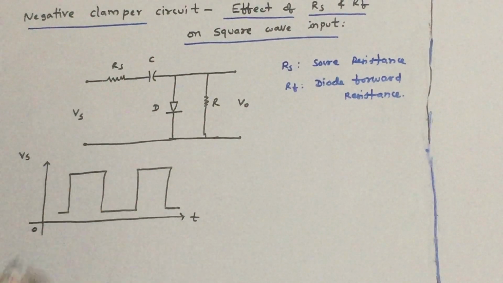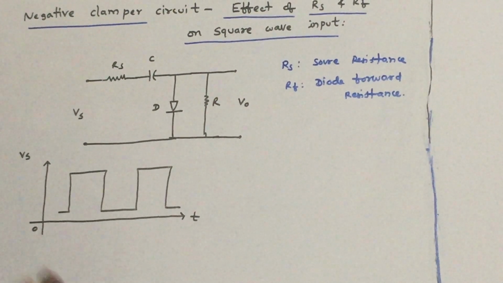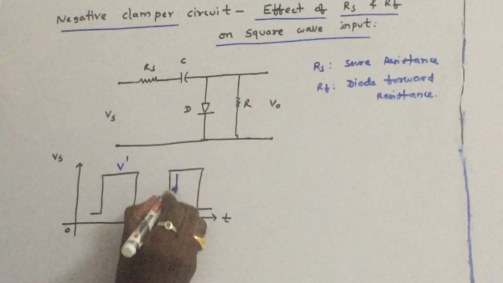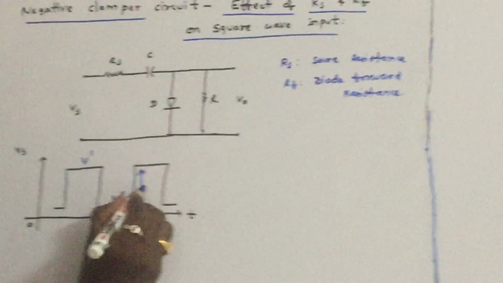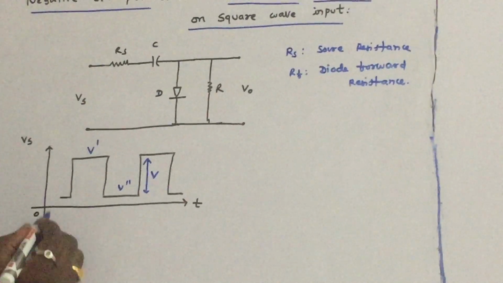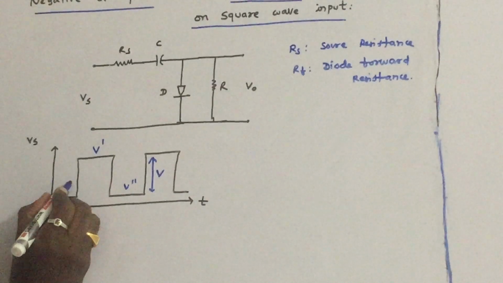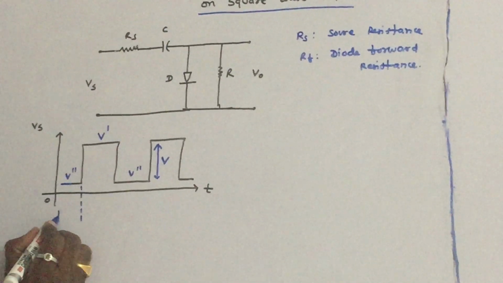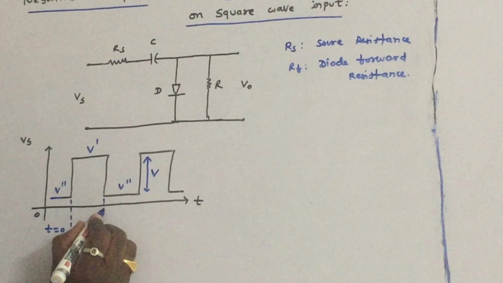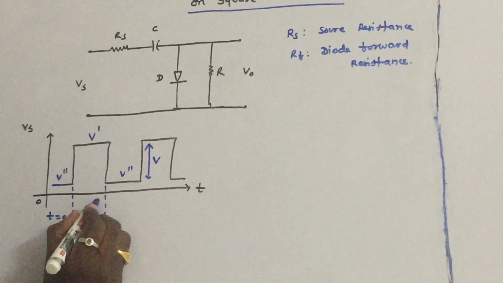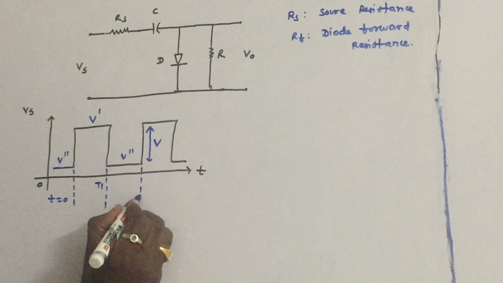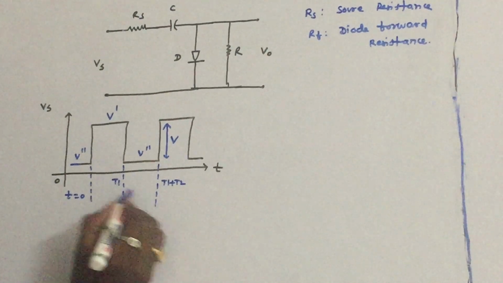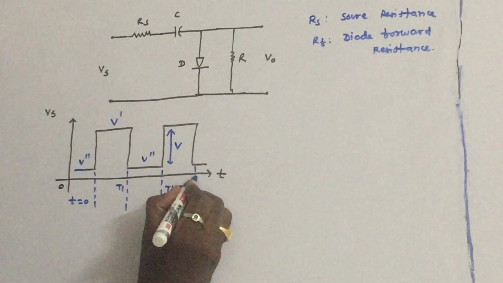Let us say this is V dash, this is V double dash, and the peak to peak amplitude is say capital V. Let us assume this time as T equal to 0, this time as T1, and this time as T1 plus T2. That means this duration is T1, this duration is T2.